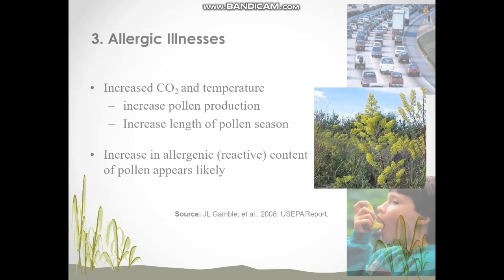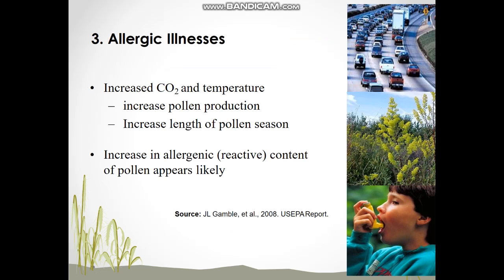The next indirect effect of global warming on human health is allergic diseases. As you know, one of the possible reasons for global warming was the increase of greenhouse gases such as carbon dioxide. And carbon dioxide is a result of human activities like emission of fossil fuels. In higher levels of carbon dioxide, plants grow faster, produce more pollen, and extend the pollen season.